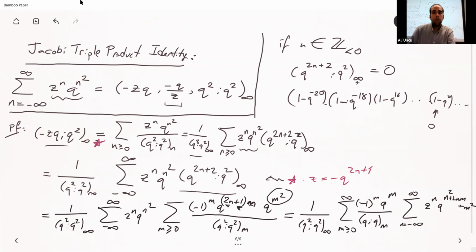So on the inner sum now, I end up getting z to the n and a q to the n squared plus 2nm plus m squared. So what is n squared plus 2nm plus m squared? That is a perfect square. Yeah, that's a perfect square, right? So this is actually an n plus m to the power 2.